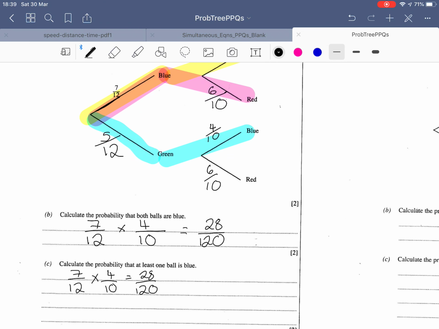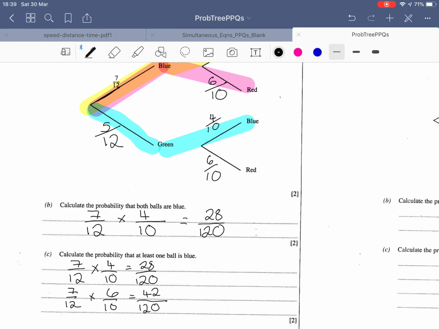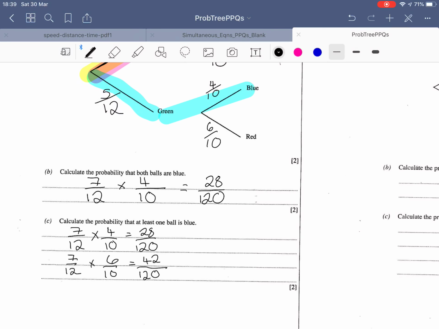Then we've got blue and red, so 7 out of 12 times 6 out of 10, so 7 6s are 42, out of 12 times 10, which is 120. Then we can go green, 5 twelfths, times our 4 tenths. So 5 times 4 is 20, out of 120.